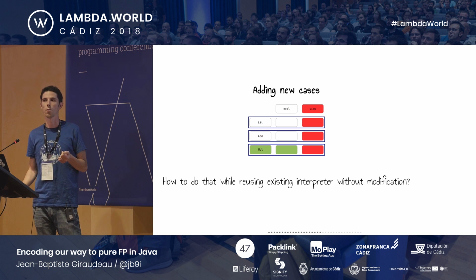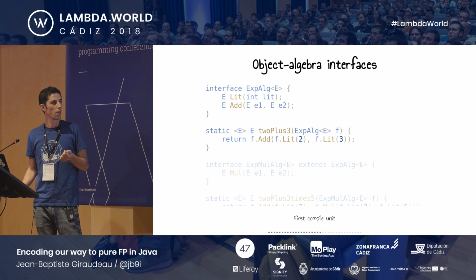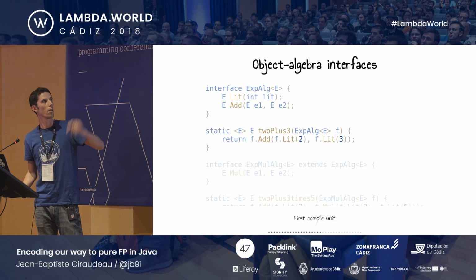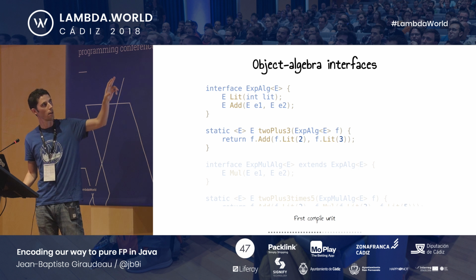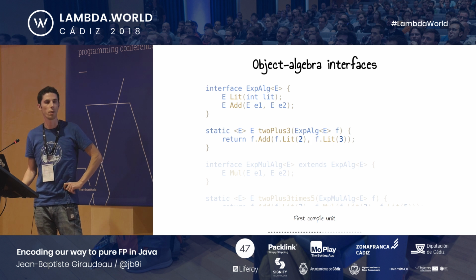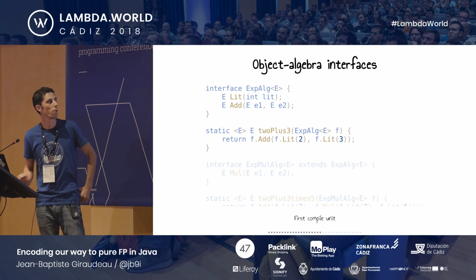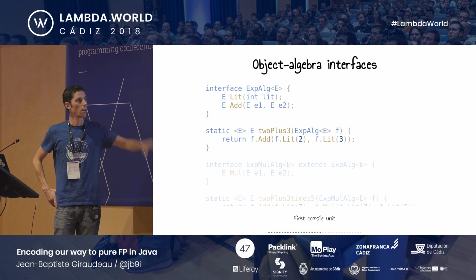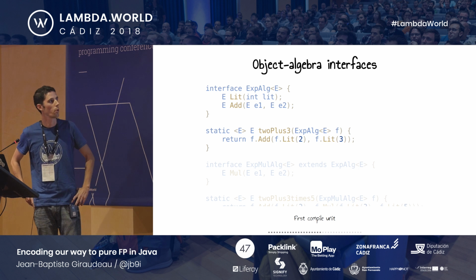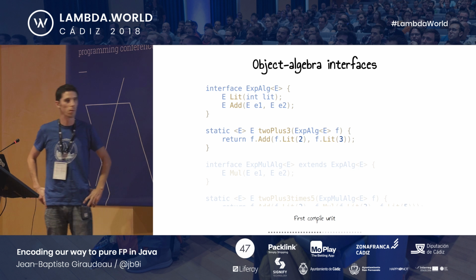If you were there in the workshop this morning, in this room, there was an allusion to object algebra. Here they are. So here's the algebra for this expression problem statement. There's literals, there's addition, and here's a small program that makes use of it.